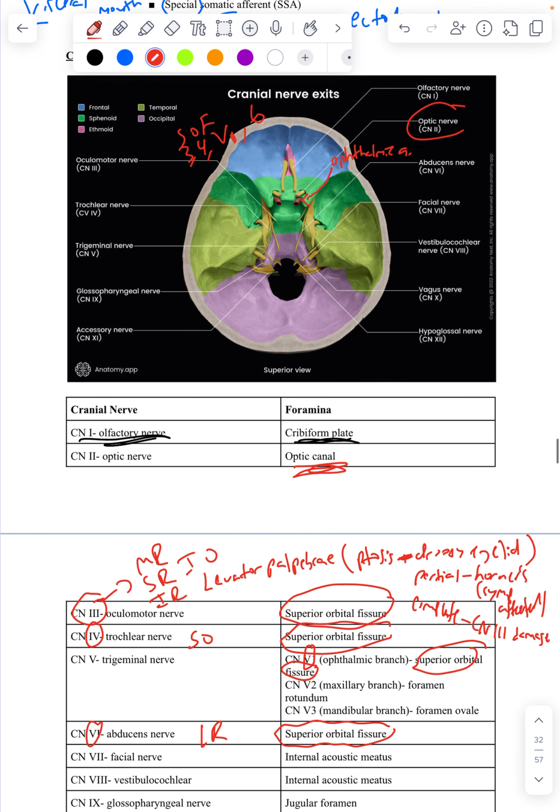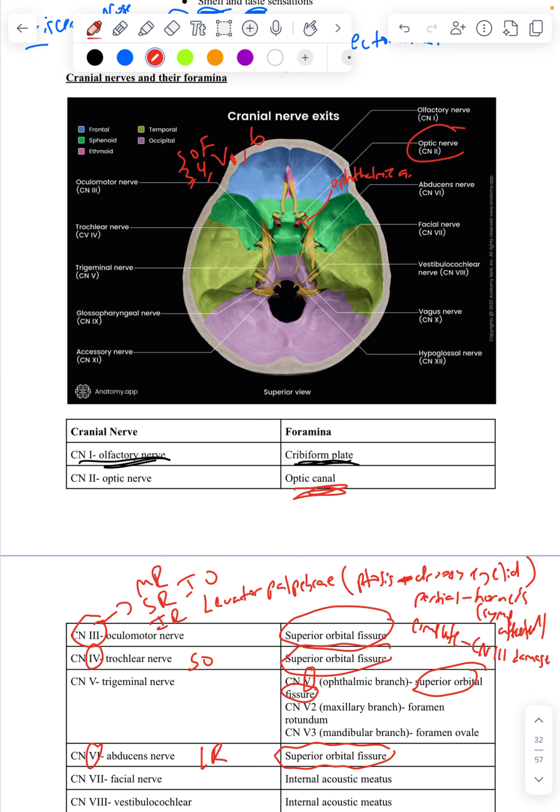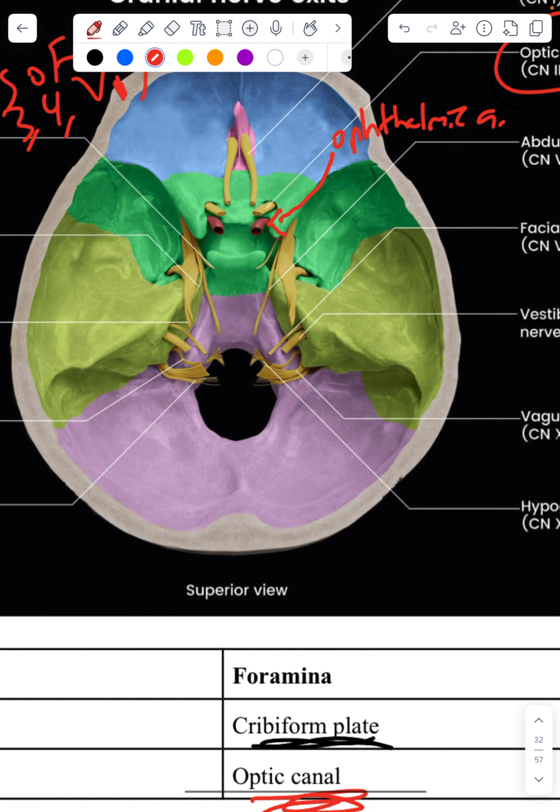After that, you have 3 openings in the skull. So you see how this is cranial nerve 5 or trigeminal? The V1 is going through your superior orbital fissure. V2 is going through this first opening, which is foramen rotundum.